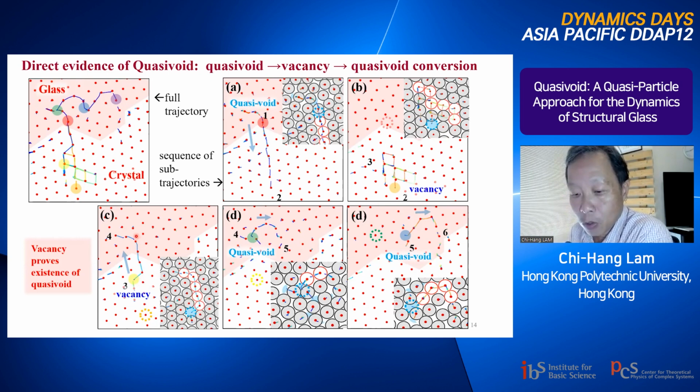And then it goes back to the glassy region, right here with this configuration, which becomes a quasivoid again. And this quasivoid initiates string-like motion to become this configuration with another quasivoid at this position and further string-like motion. So in this experiment, I think we have shown that the vacancy shows the existence of quasivoid.